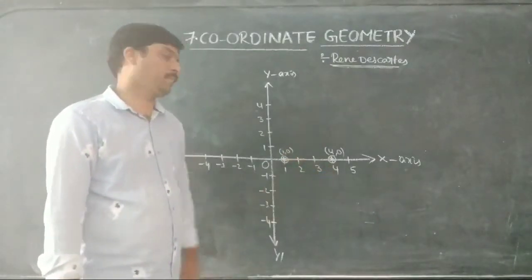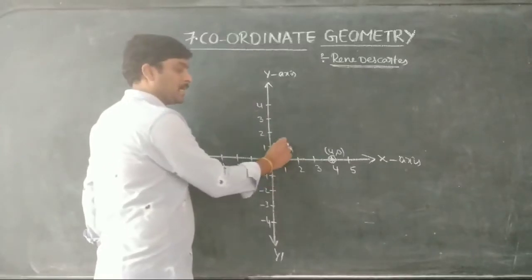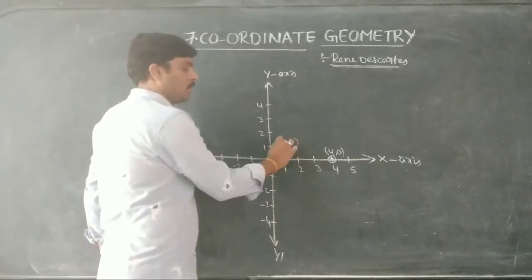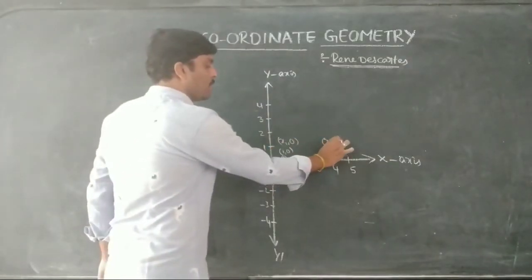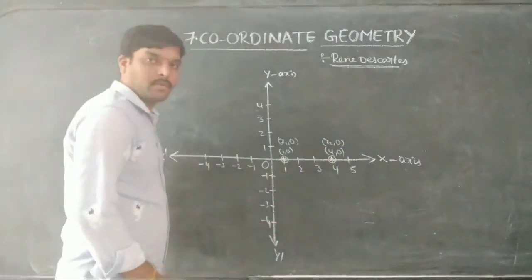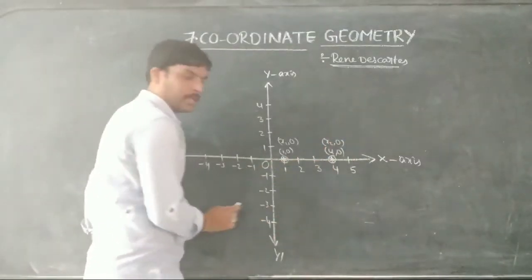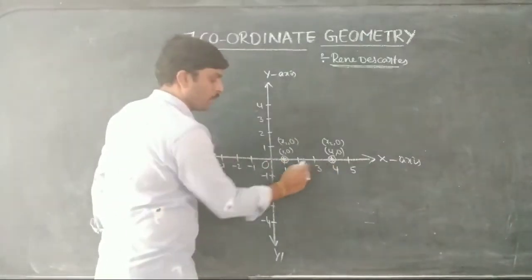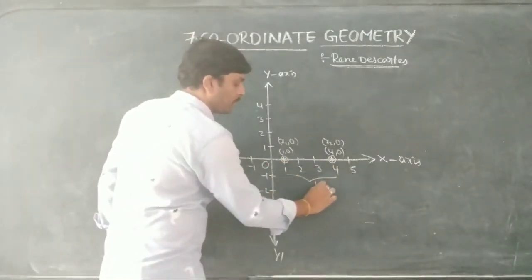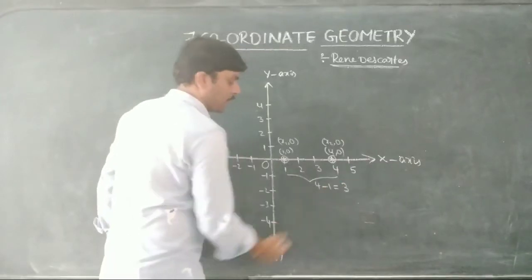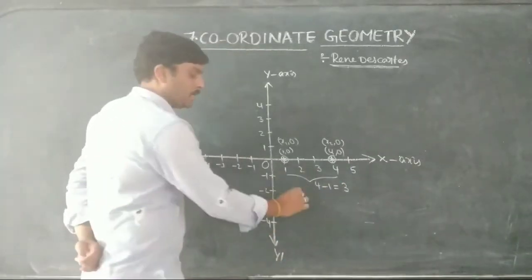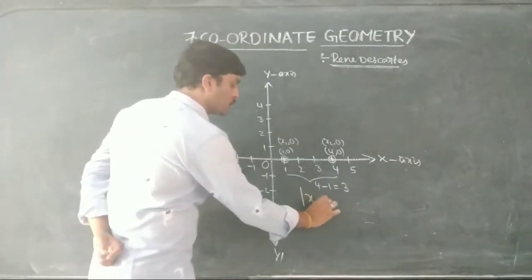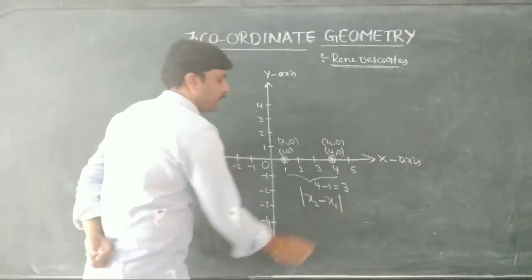Let us take them as x1 comma 0 and x2 comma 0. Observe: from the origin to 4 is 4 units, and to 1 is 1 unit. So the distance is 4 minus 1 is equal to 3 units. That is modulus x2 minus x1.